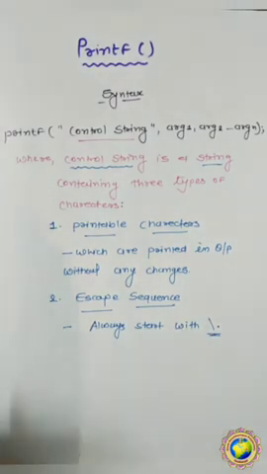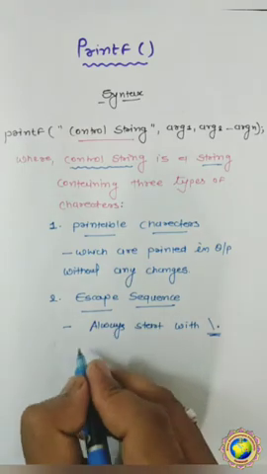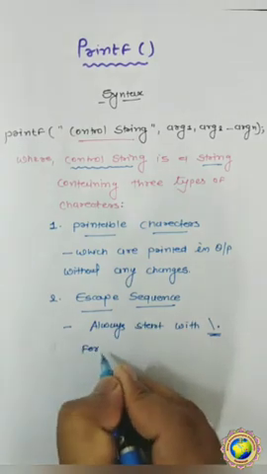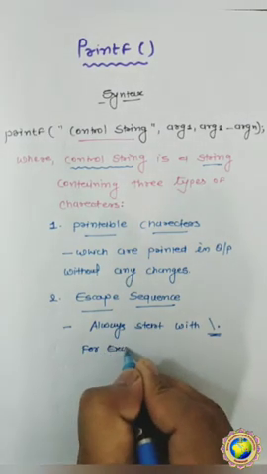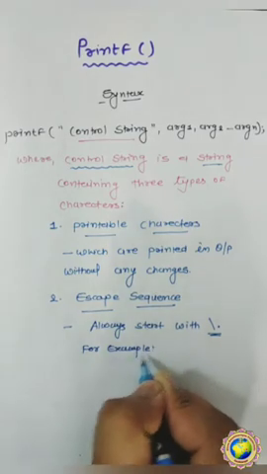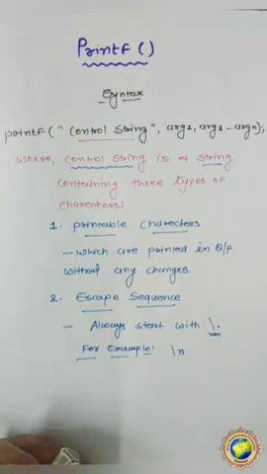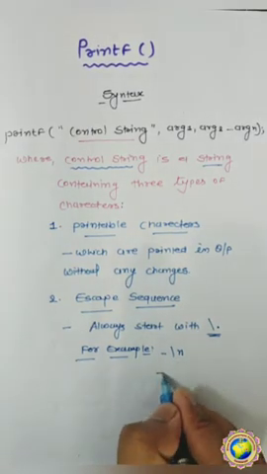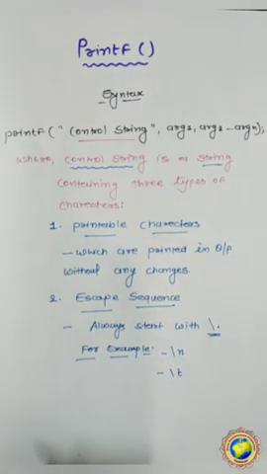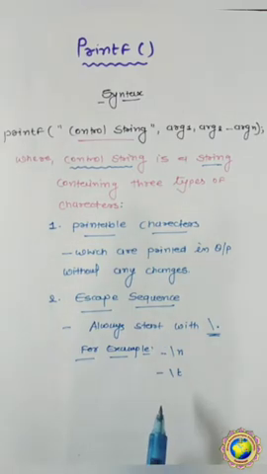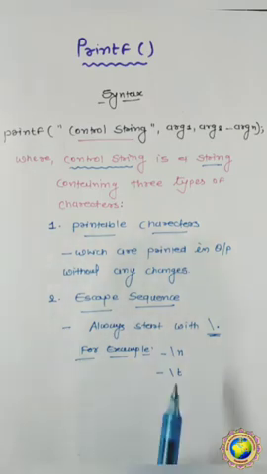They are used for cursor movement and other output functions. For example, here \n is an escape sequence, then \t. \n and \t are escape sequences which are used to format the particular output.